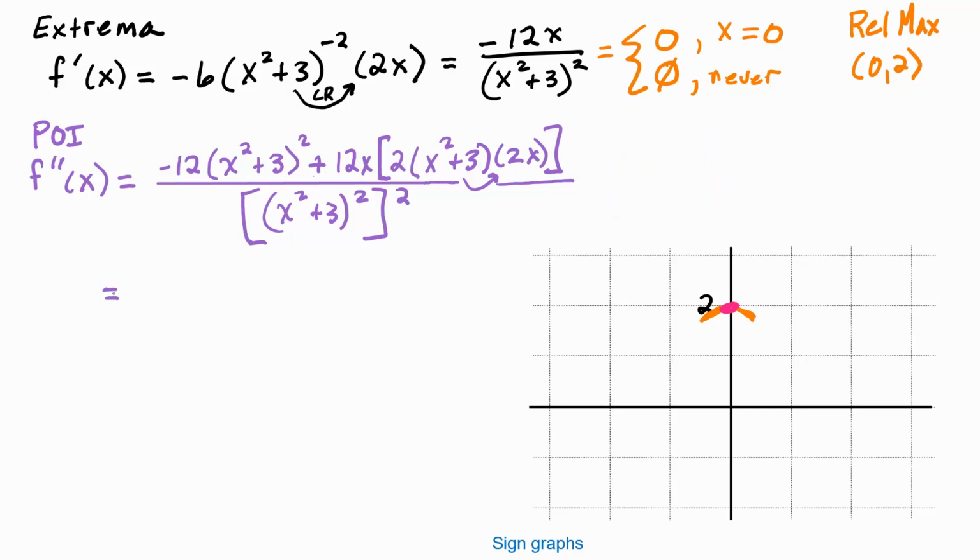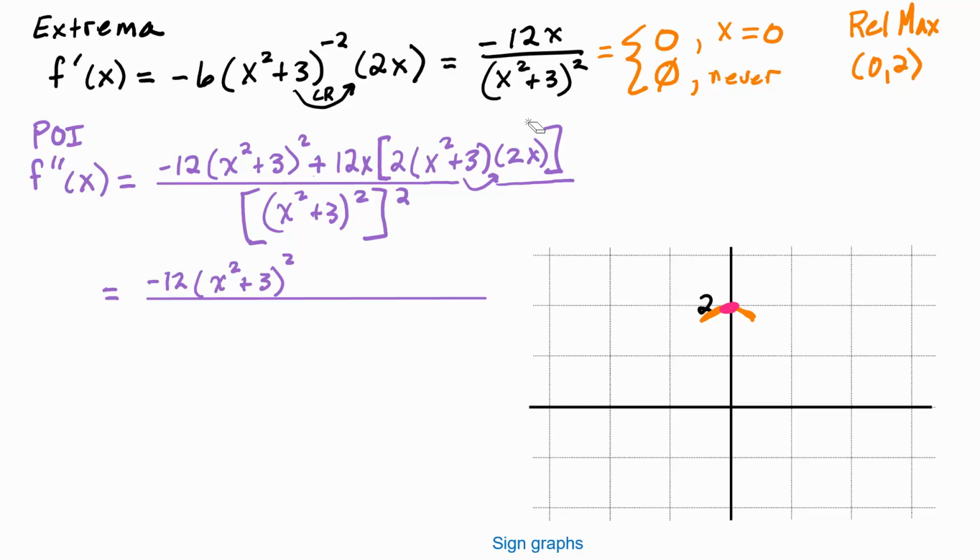Simplifying, we get negative 12 times x squared plus 3 squared.